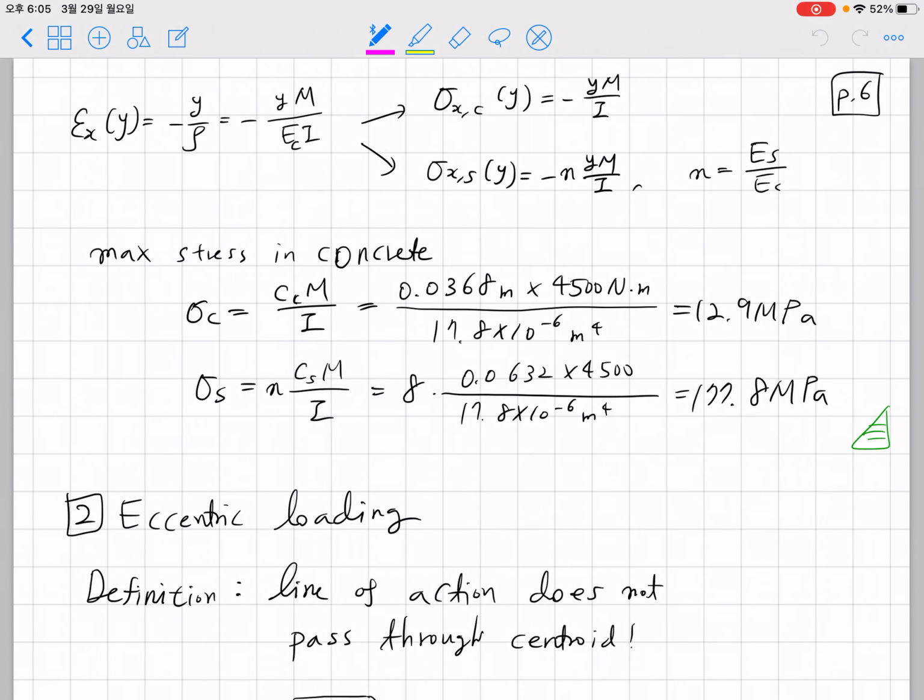Now, after obtaining these values, we can obtain the strain distribution, which is a simple linear function in y, minus y over rho, and 1 over rho can be written as M over Ec multiplied by I. This is the expression for strain. If we multiply by Ec, we can obtain the stress distribution in concrete.